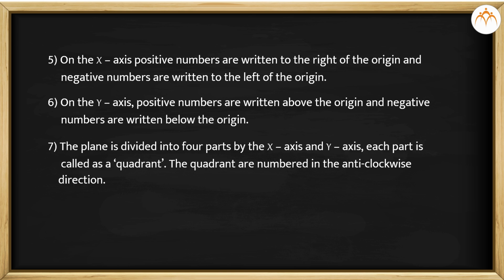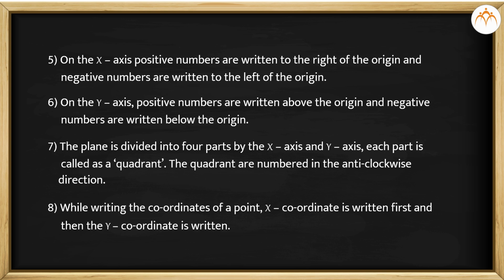The plane is divided into 4 parts by the x-axis and y-axis. Each part is called a quadrant. The quadrants are numbered in the anti-clockwise direction. While writing the coordinates of a point, the x-coordinate is written first and then the y-coordinate.